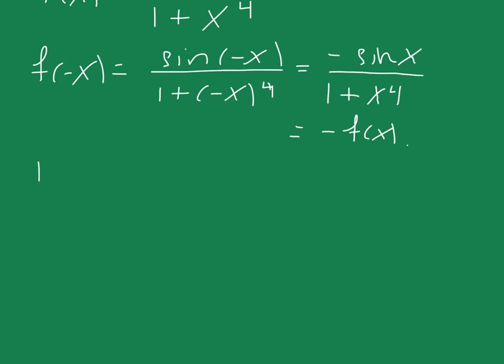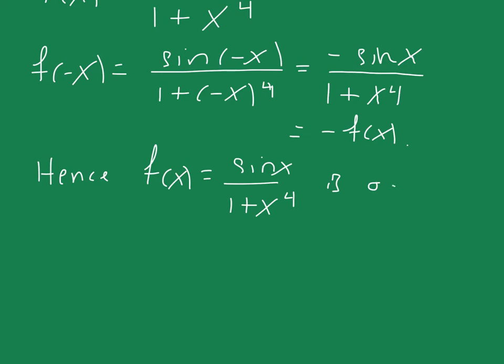So we'll write that down. So hence, f of x equal to sine x over 1 plus x to the fourth is odd, and therefore the integral from minus 1 to 1, it's important that that lower limit of integration is the negative of the upper limit of integration here.